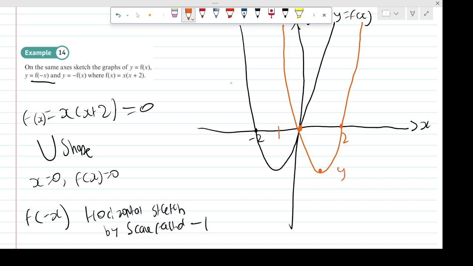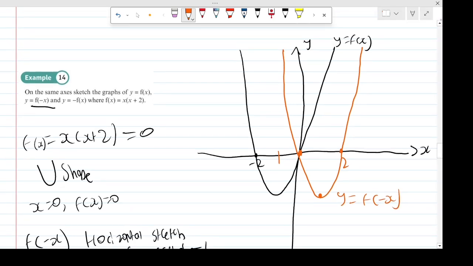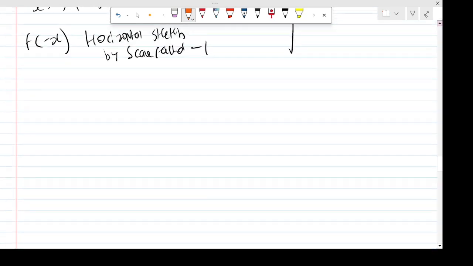And that's going to be the curve y is f of minus x. Alternatively, hopefully you notice this is a reflection in the y-axis between the black and the orange curve. So alternatively, you could say reflection in the y-axis.